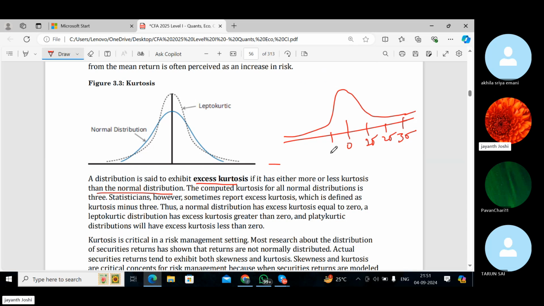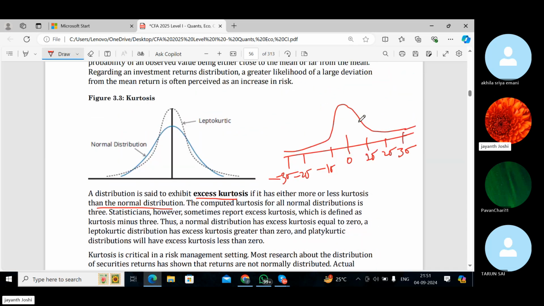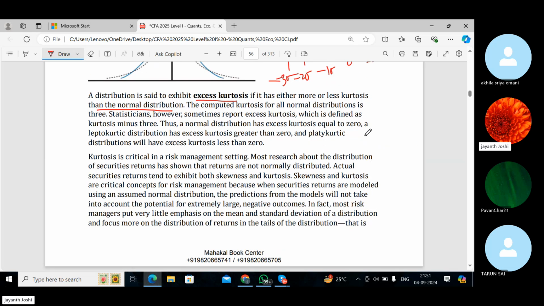You can fit any data into a normal distribution curve with an average of any number, but this is the standard. So your entire data is this. What is excess kurtosis? That means your normal distribution curve is getting peaked or flatter.